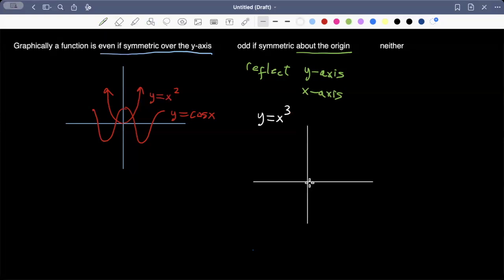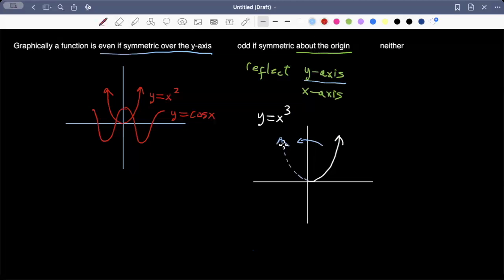Here is the first half of the graph, y equals x cubed. I'm first going to do a reflection over the y-axis. I'm going to do a dotted curve because it's not the final finished product. So I'm going to reflect this graph over the y-axis. And then I'm going to take this new graph and apply a reflection over the x-axis.